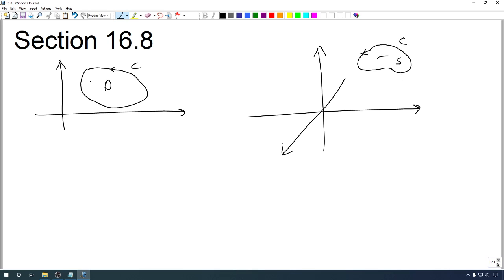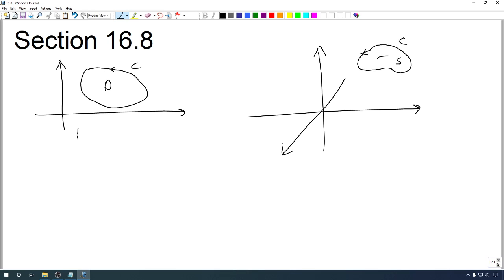We do need to be careful when we're dealing with orientations. When we're dealing with Green's theorem, we didn't really talk about the orientation of what's going on inside the double integral. We pretty much just took the normal direction to be out of the plane.